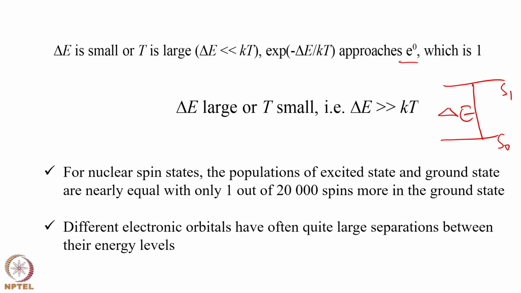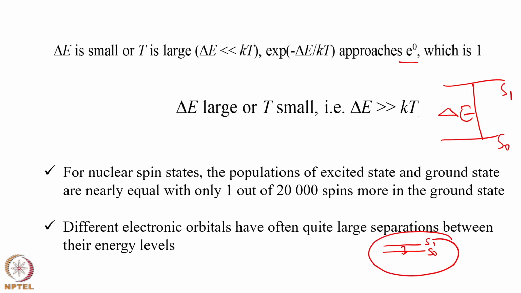The populations of the excited state and ground state are nearly equal, not much difference, because the energy gap between the upper state and lower state, ground state S0 and excited state S1, in the case of nuclear spin is very minimal, and therefore N upper by N lower is not that much.